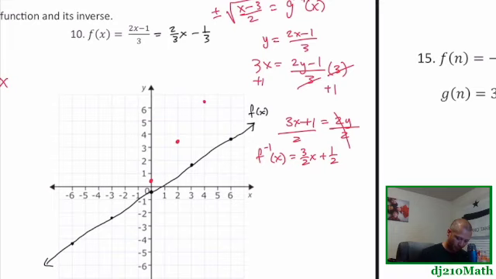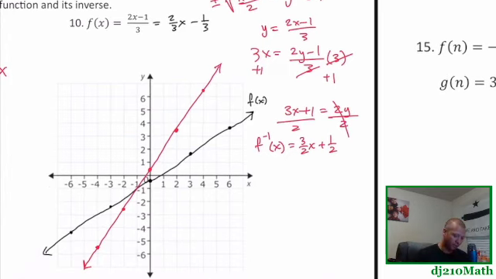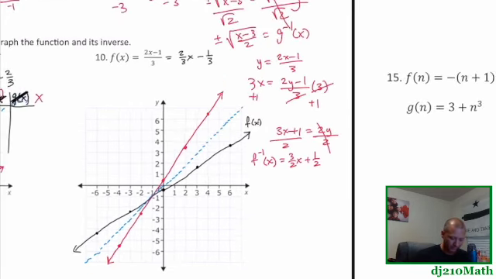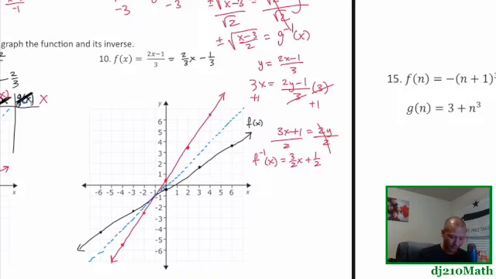And then just training your eye: are they really inverses? Well, if you remember the dashed line that goes through y equals x, ask yourself, is it reflected? Yeah, it's turned around. It's reflected over this line. The more graphs you look at, the more you'll see it. But yes, that is the function and its inverse.